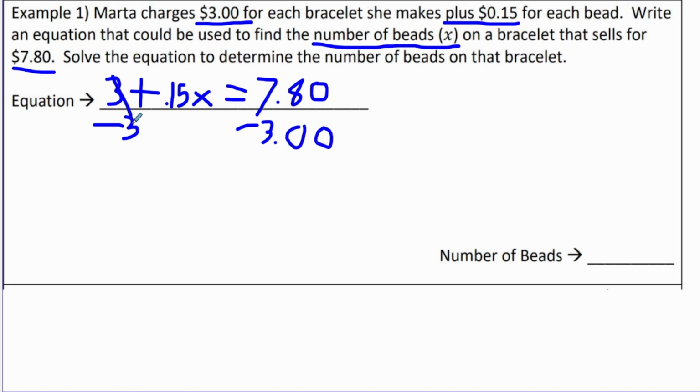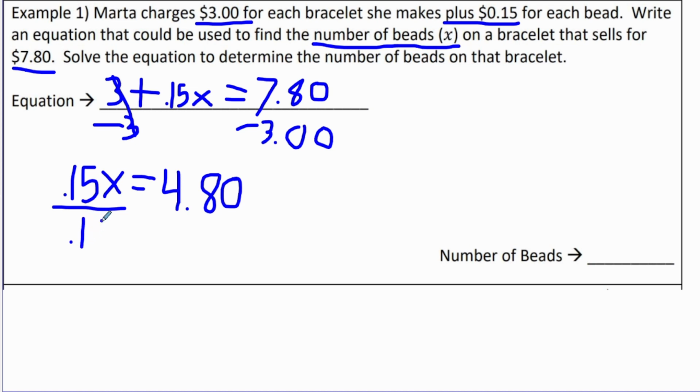So minus $3. So our $3 over here cancel. We're left with 0.15x is equal, and then we do that subtraction, and we'll get $4.80. And to solve for x, we divide both sides by 0.15.